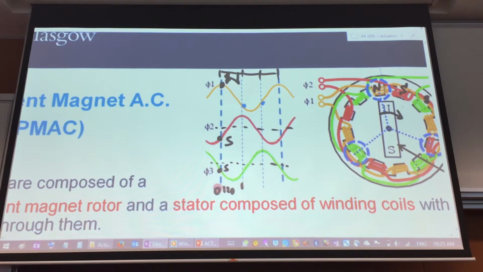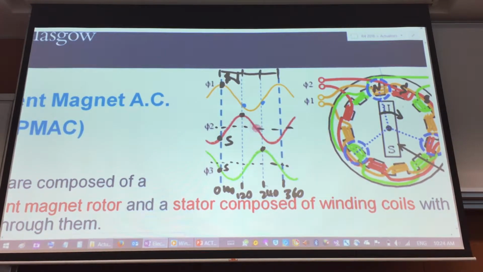So maybe this 0, this 120, 240, and this part 360. So this tip now comes over here, so it's 120 degrees out of phase, and then that is 240, so another 120 degrees out of phase.